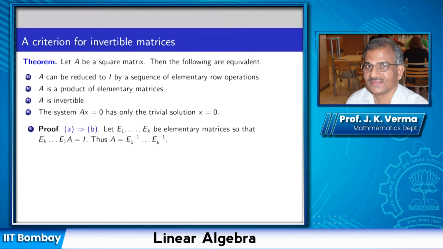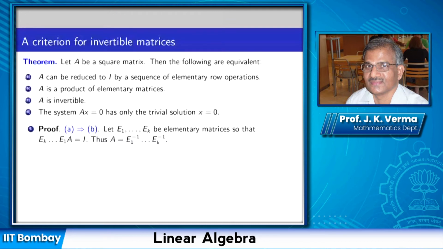So let us prove that if the identity matrix is the row canonical form of A, then A is a product of elementary matrices. Okay. So what is the meaning? How do we obtain the row canonical form? We simply perform elementary row operations.